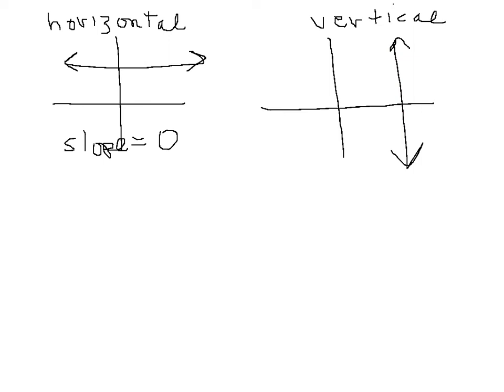And so the slope, which is the change in y over the change in x, is going to be some number over 0. And any number over 0 is undefined. So we say that the slope of a vertical line is undefined. And that will show up from time to time.